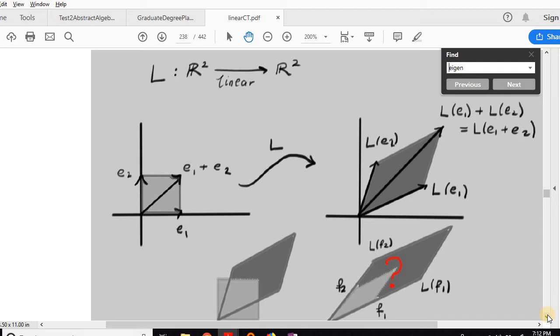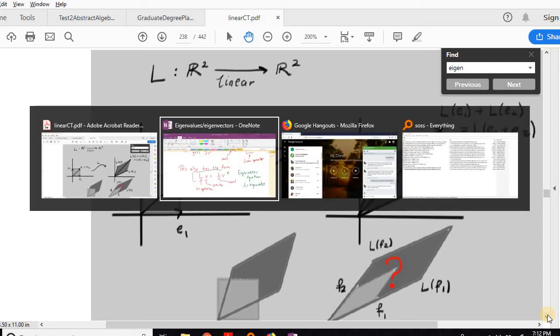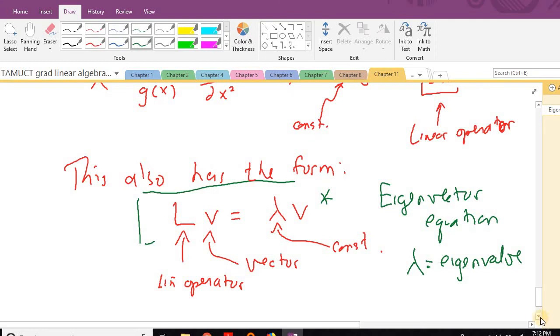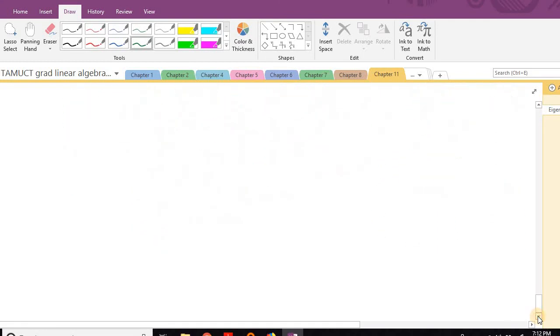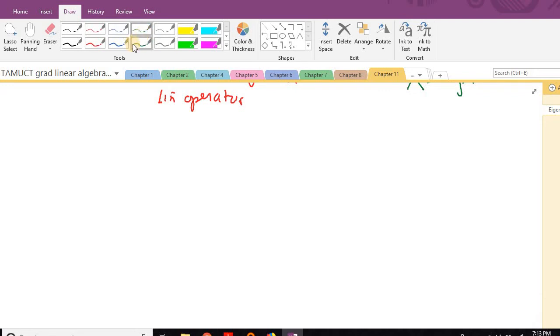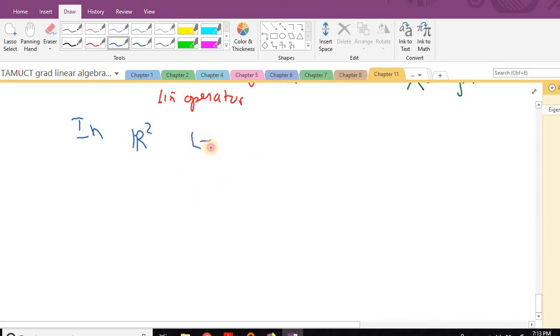Now, one thing he didn't say, which I will say because I think it's important, so let me draw that picture again. Let's just do it here. So in R2, let L go from R2 to R2.